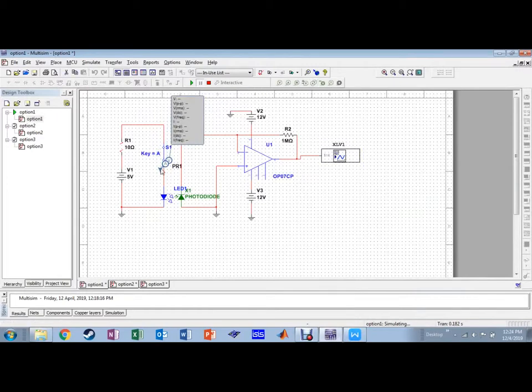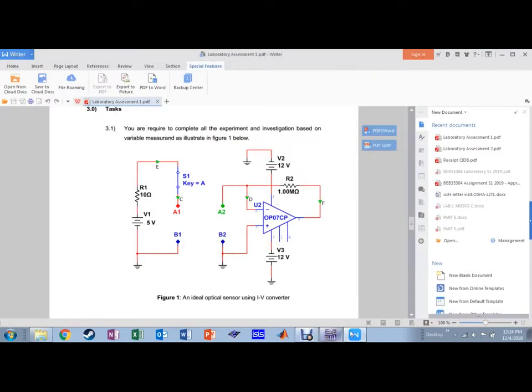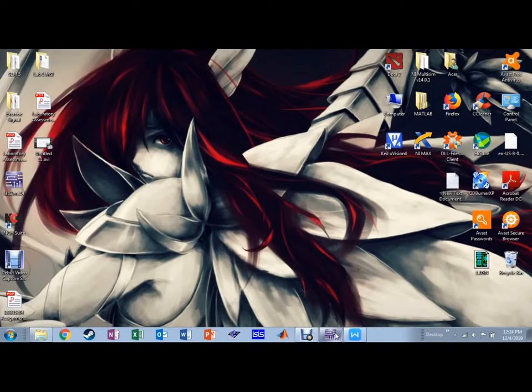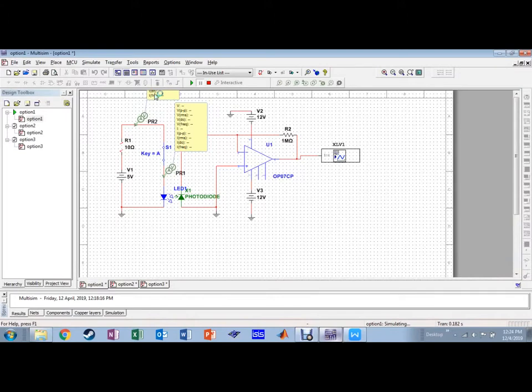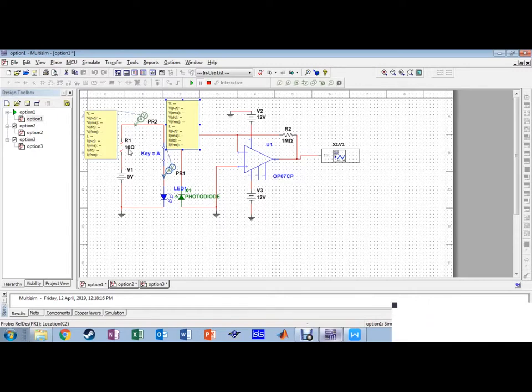Put it here, point E, point C. For this task, we need to vary the value of the resistor from 10 to 0 ohm.